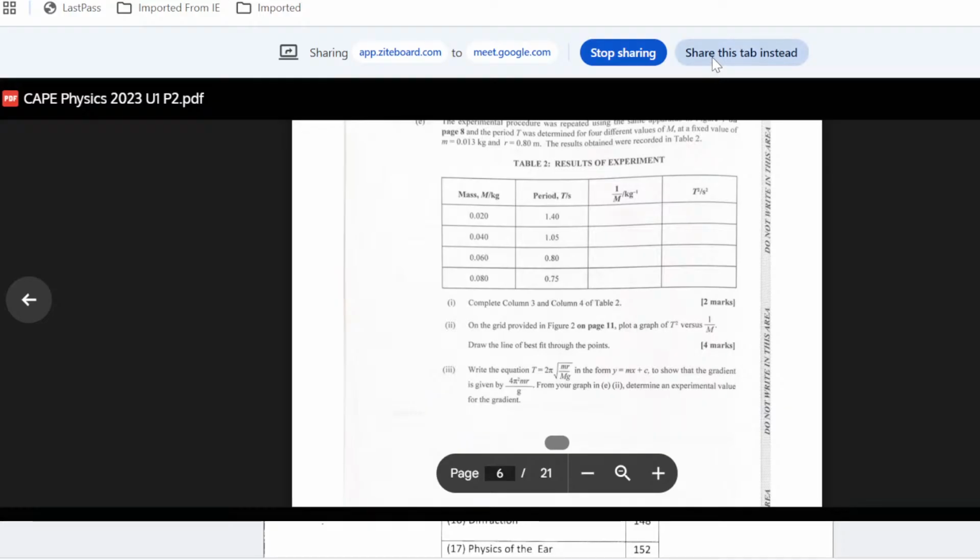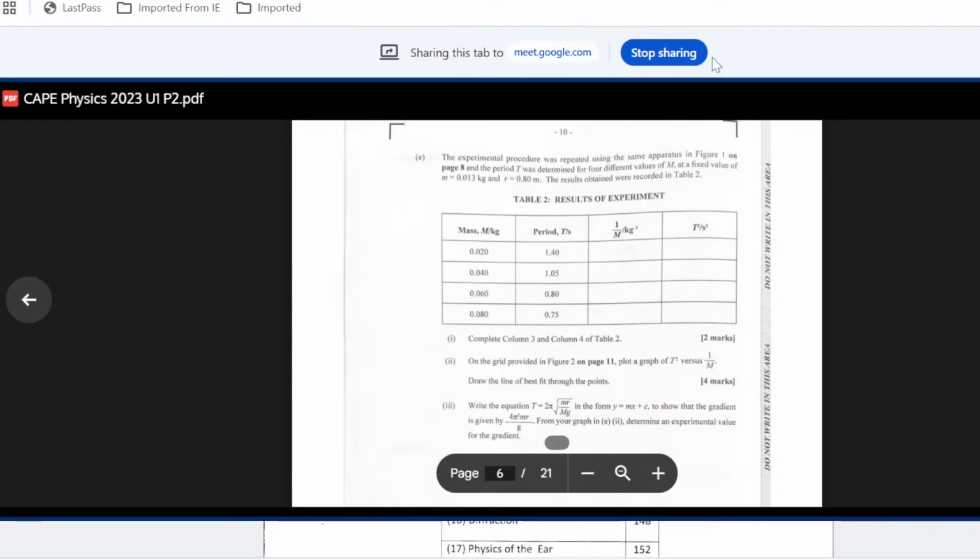Next question is a graph, but let's see what we can do with the information, or at least say what we would do with the information.